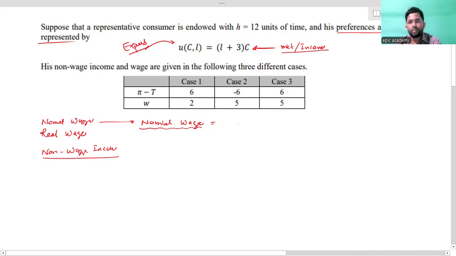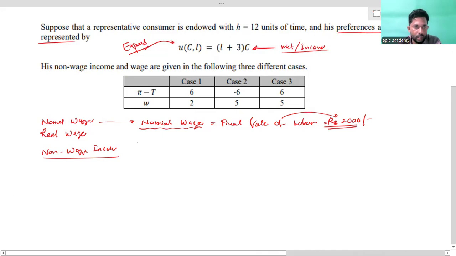Nominal wage means the financial value of the labor. For example, a daily-base worker earns 2,000 rupees for one day. That 2,000 rupees is considered as nominal wage.